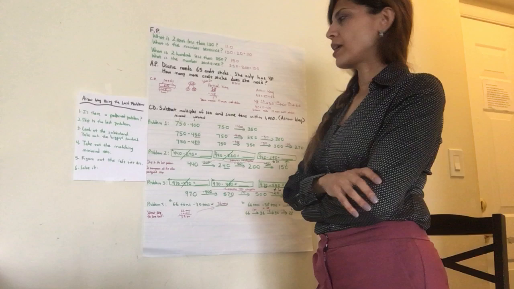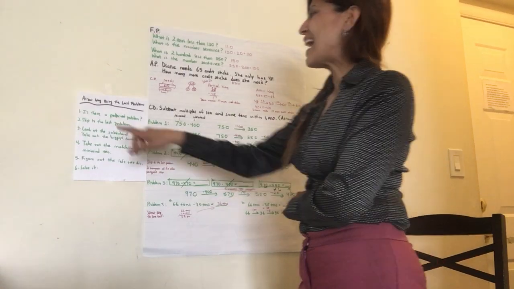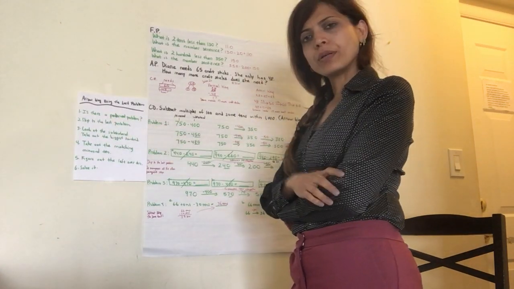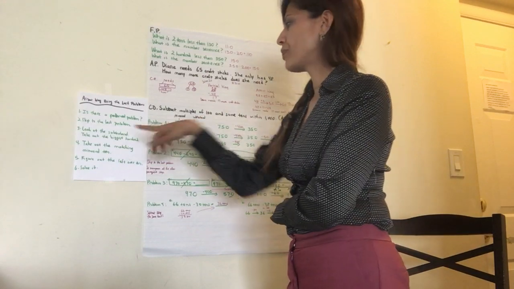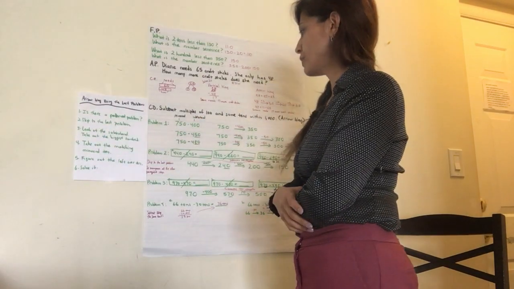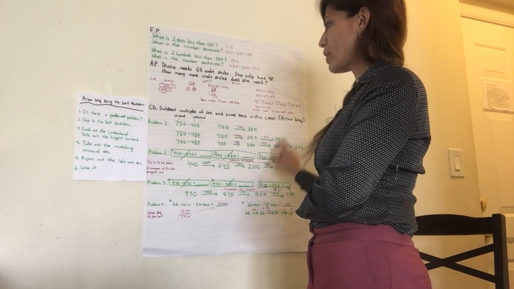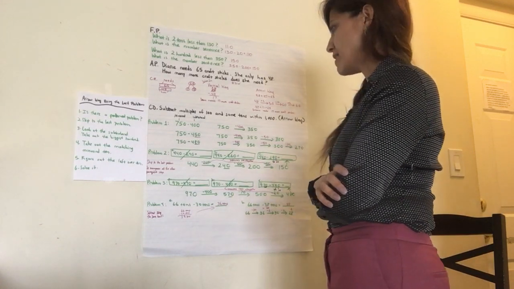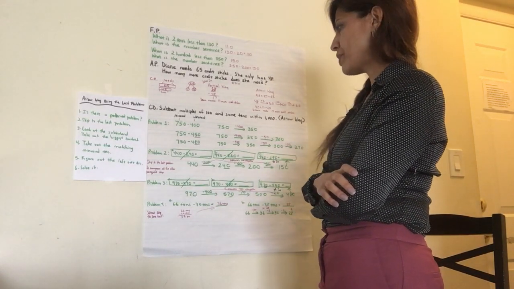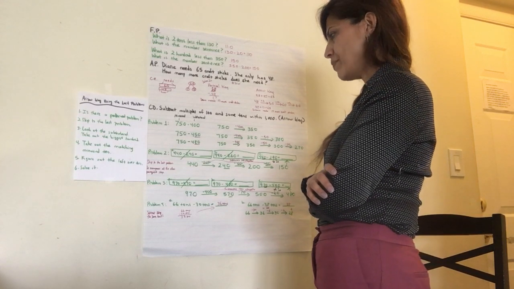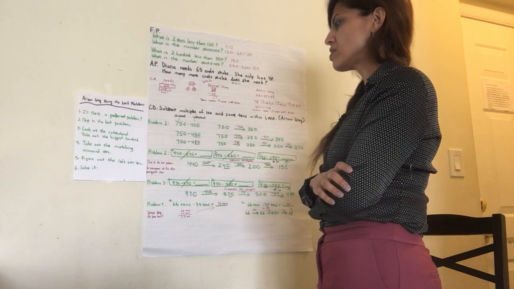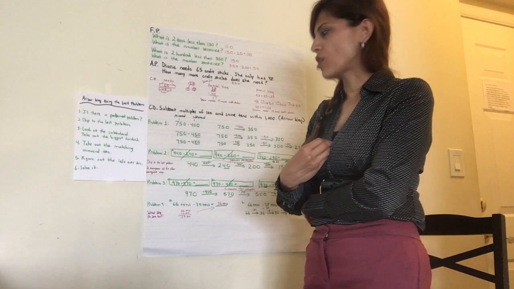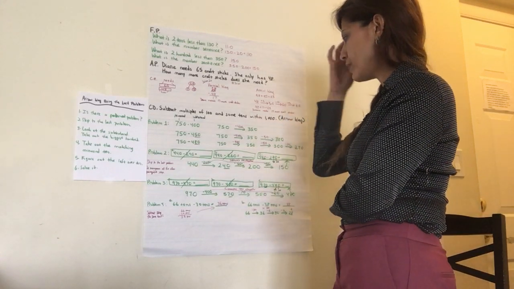I'll reread that again, a little slower. Is there a pattern problem? Okay. Skip to the last problem. Look at the subtrahend, take out the biggest 100, take out the matching minuend 10, figure out the leftover 10, solve it. Okay, now I'm going to actually solve it with you. So look over here.